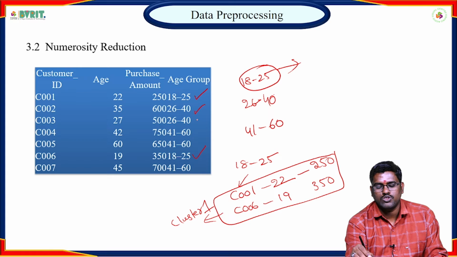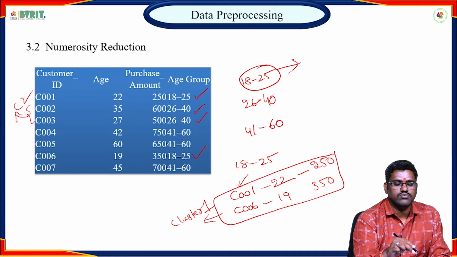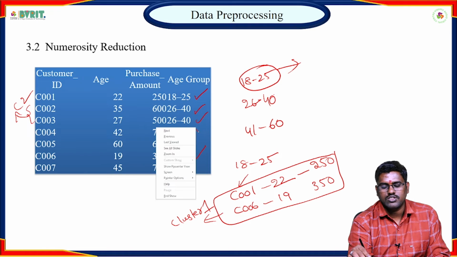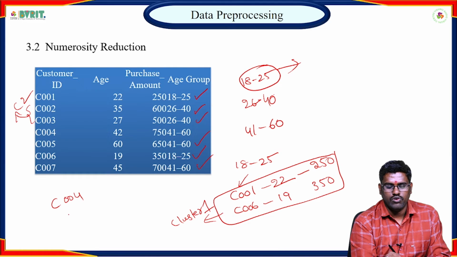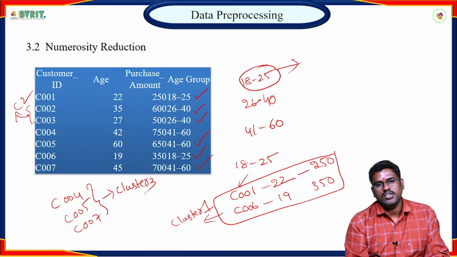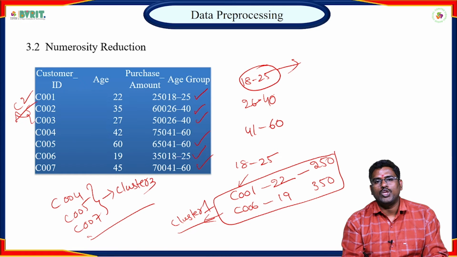These two belong to C002 and C003. This belongs to cluster 2. Next 41 to 60. C004, C005, C007. These three belong to cluster 3. So now we are reducing the 7 data values into 3, cluster 1, cluster 2, cluster 3. That is about numerosity reduction.